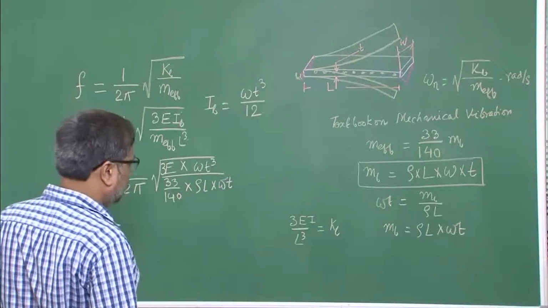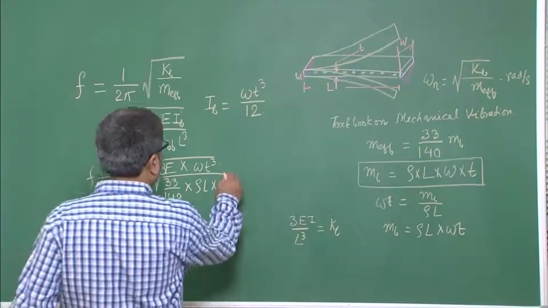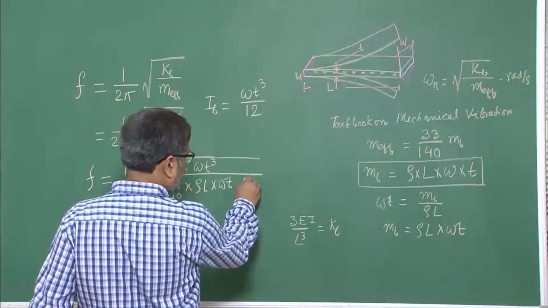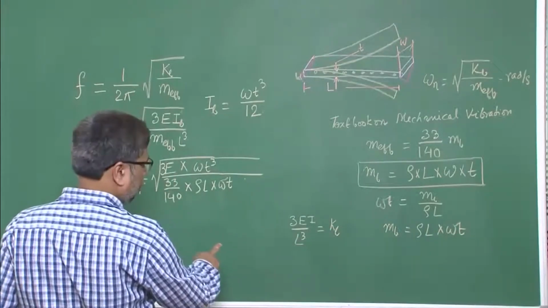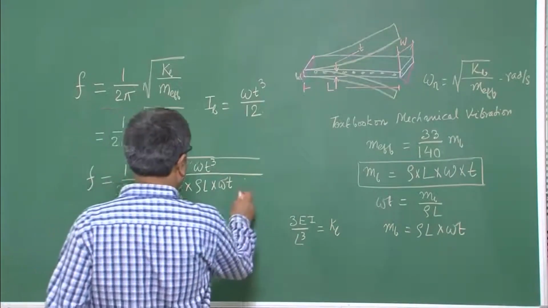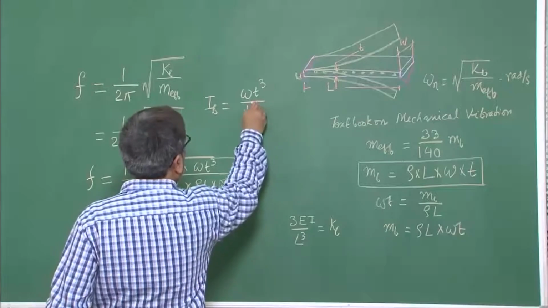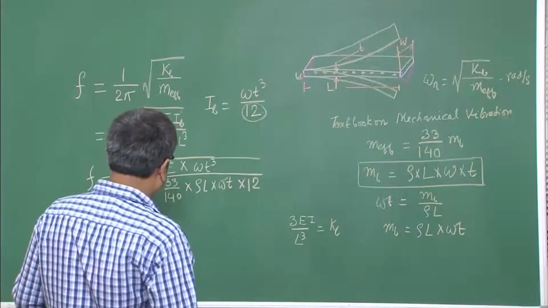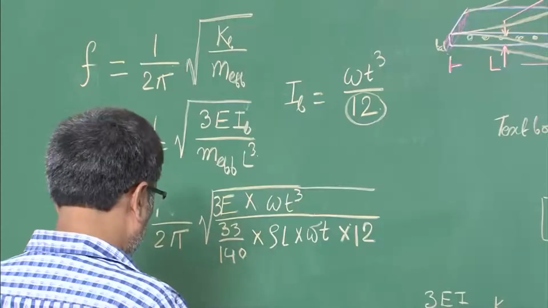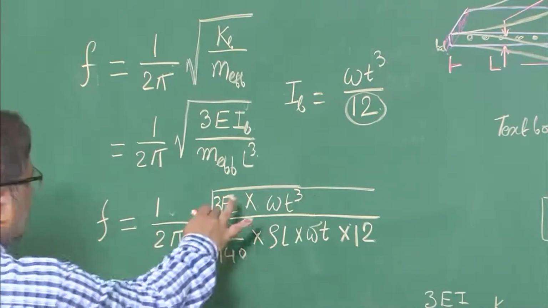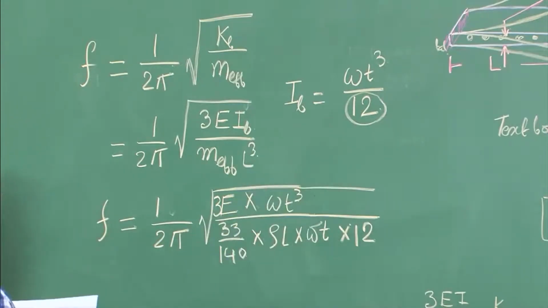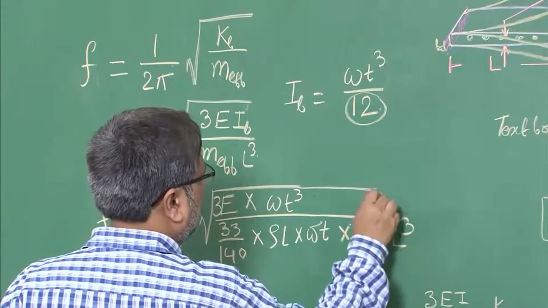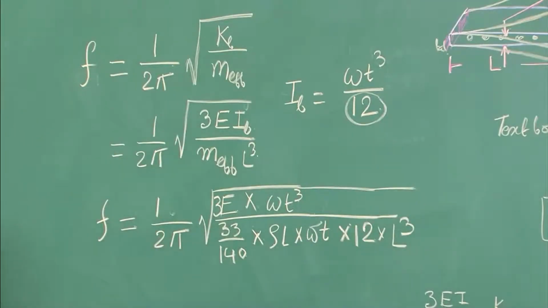And that is our M effective, 33 over 140. We have the 12 term here, right, this 12 we have to keep. And also we are going to have 3, I is WT cube, that is fine, M effective is there, yes, L cube we are missing, right. So, these are the terms that we have.